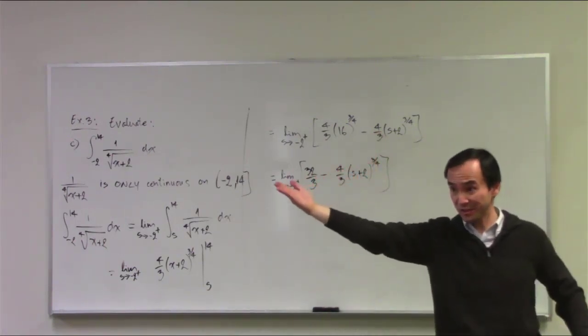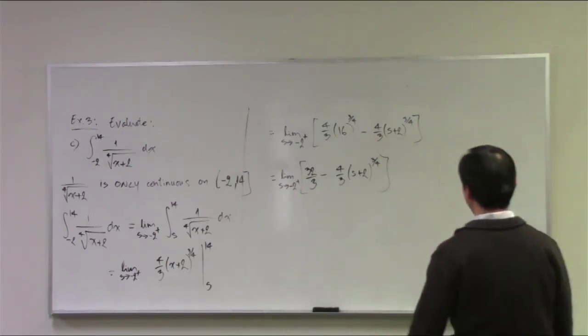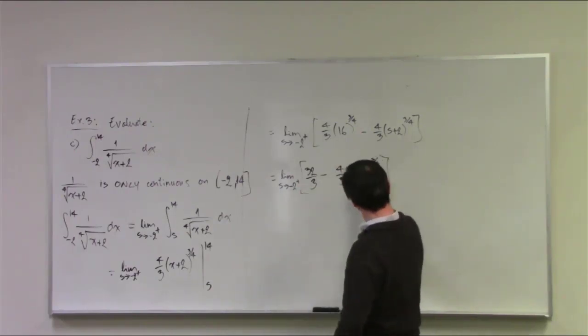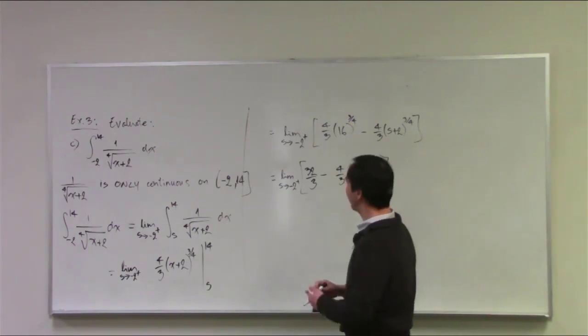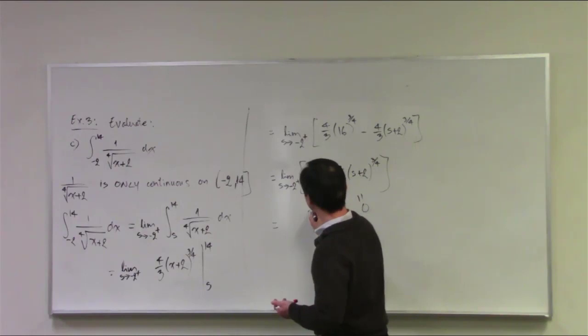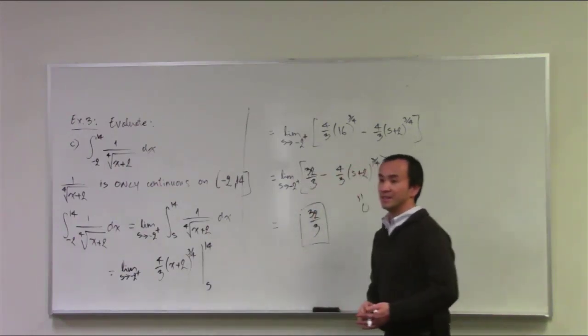When s gets close to -2 from the right-hand side, or even from the left-hand side, this root goes to 0, and this now becomes just 32/3. That's our answer.